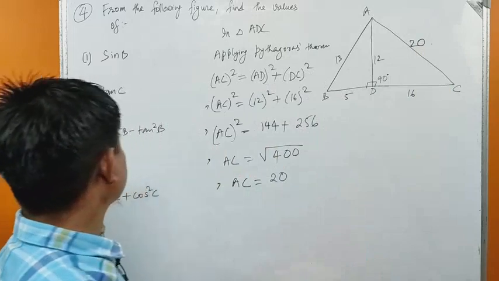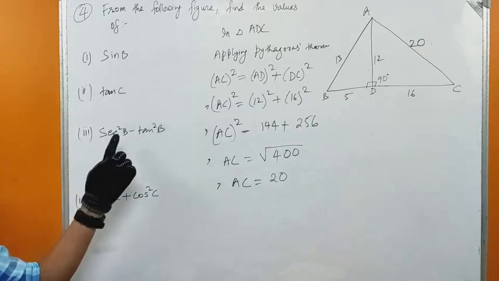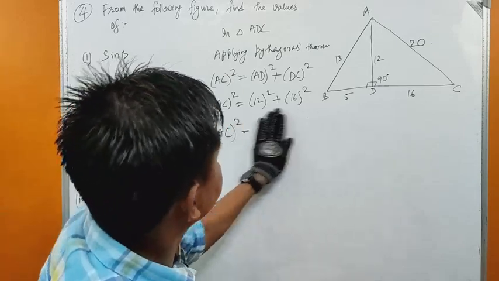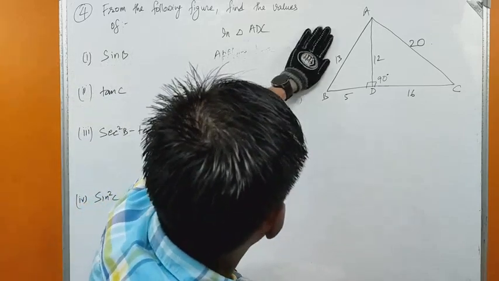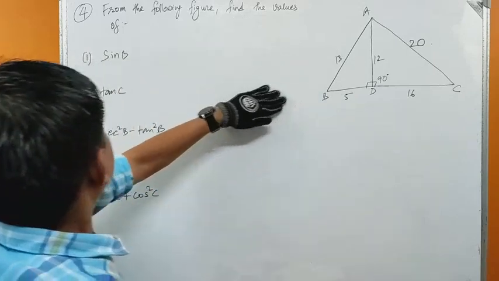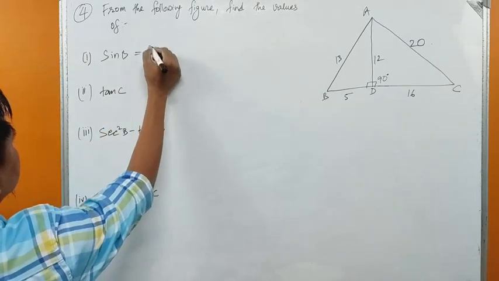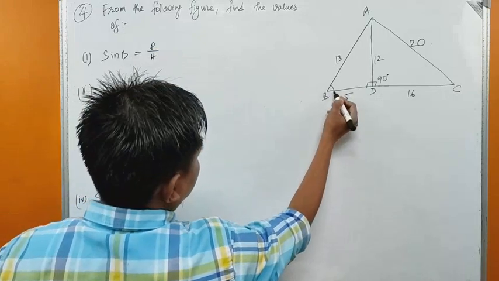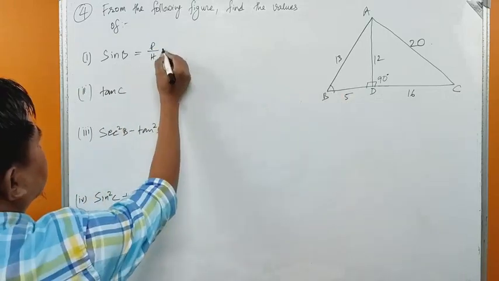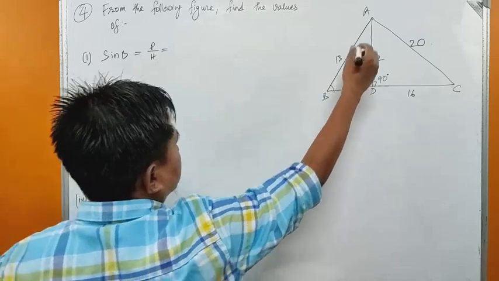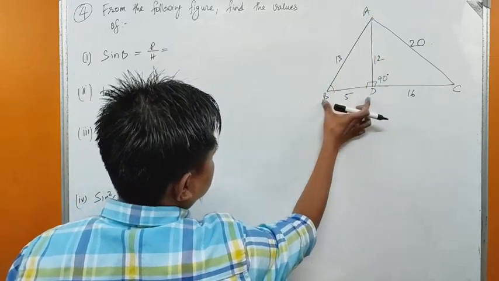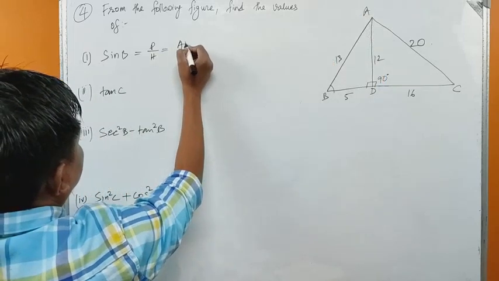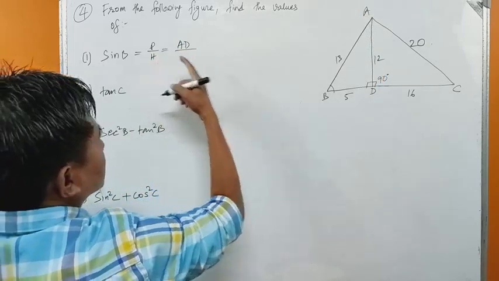Okay, now let us find the values of sine B, tan C, sec square B, all these things. Sine B: sine theta is perpendicular upon hypotenuse. Sine B means this angle, angle B. Perpendicular is AD, because this becomes the base.